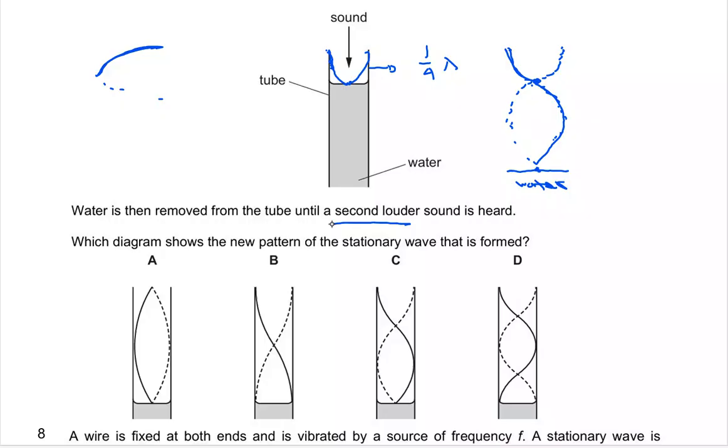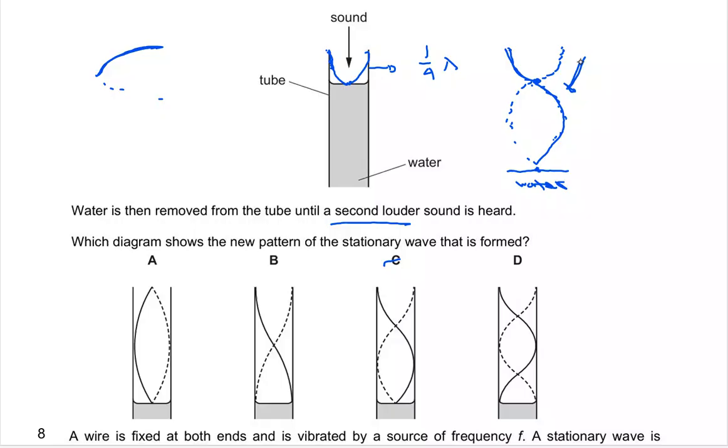Which diagram shows the new pattern of stationary wave that's formed? Okay, they look the same, like this diagram is C. Okay, analyze the picture here.